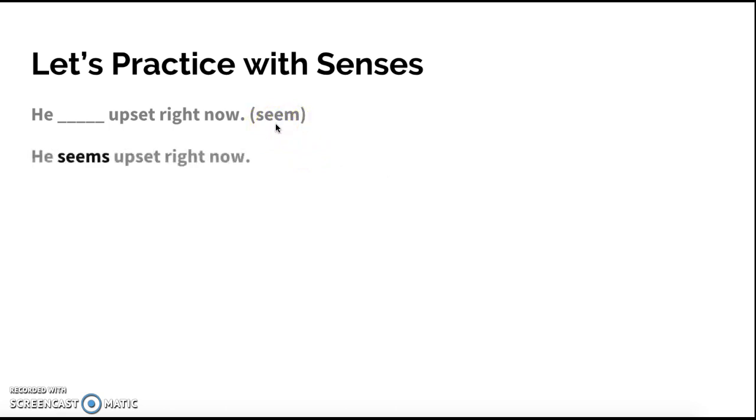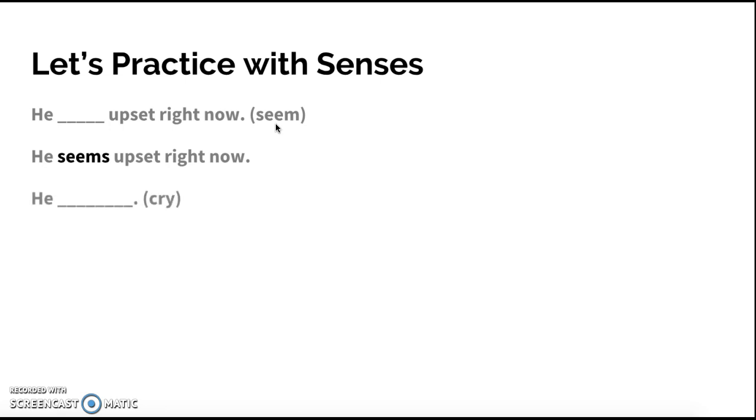Let's practice with the senses now. The things you see, hear, smell, taste. This one, seem, always non-action. So we have he. We will use simple present with the S. He seems upset right now. Cry.